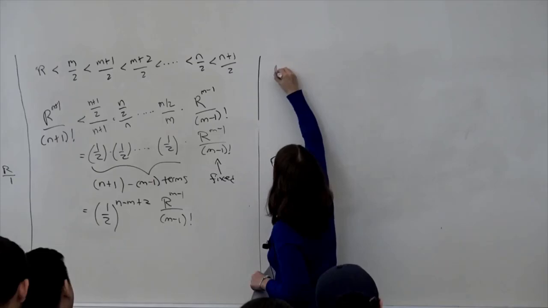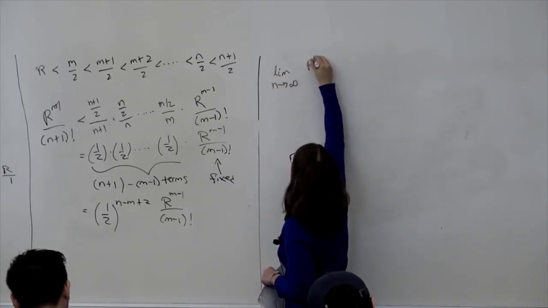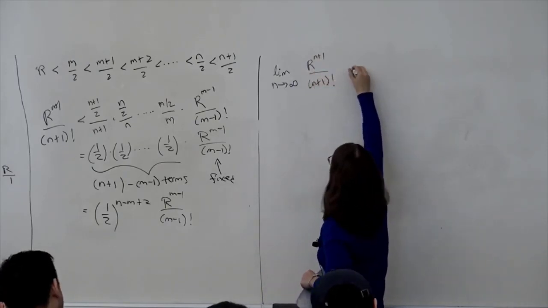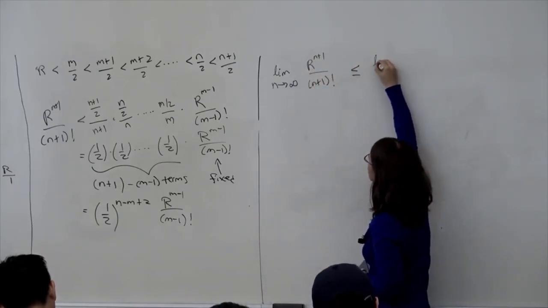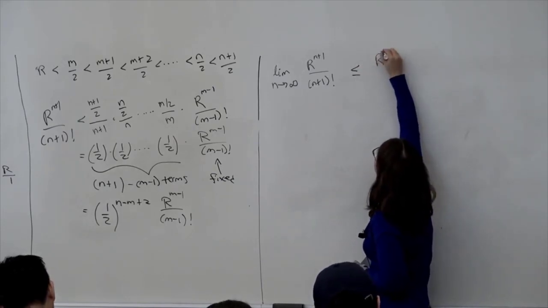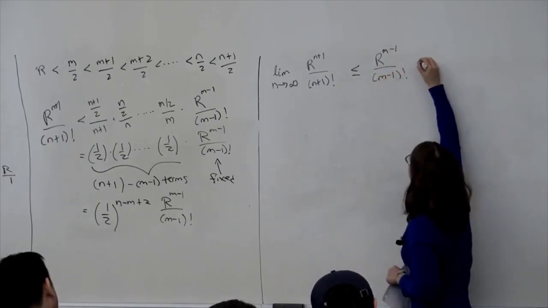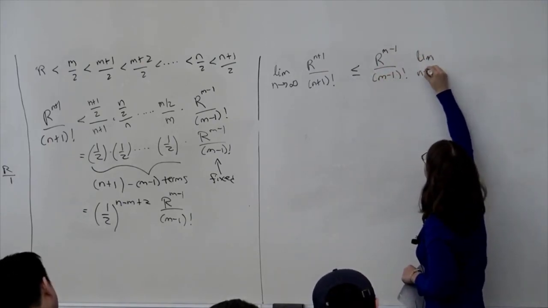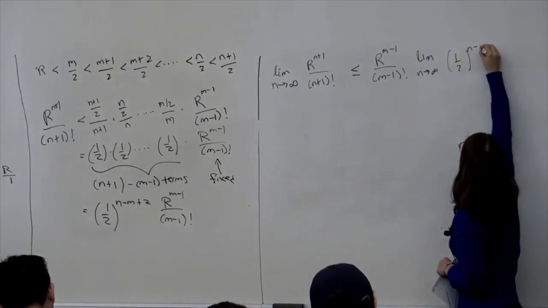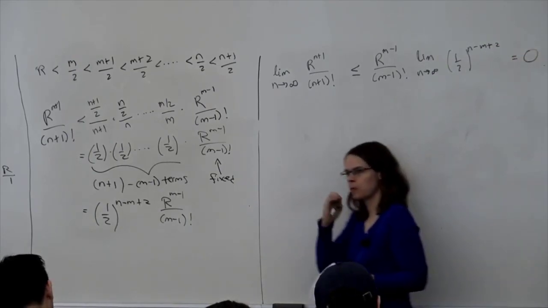So as we take the limit as n goes to infinity of r to the n plus 1 over n plus 1 factorial, that's going to be bounded by, let me pull this term out in front, one half to this very large power, which goes to 0.